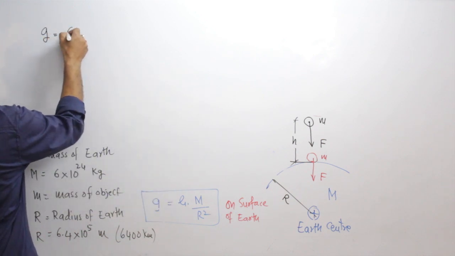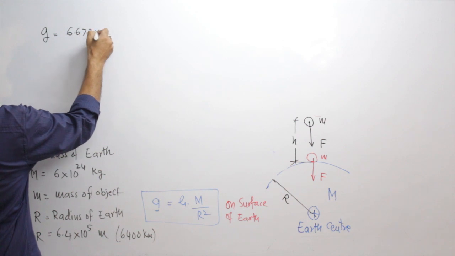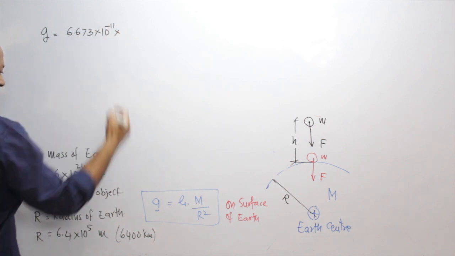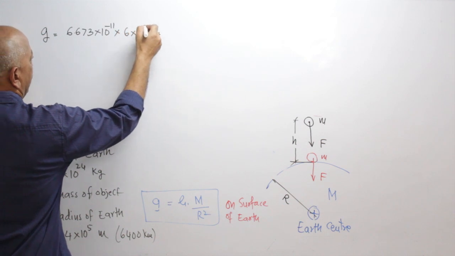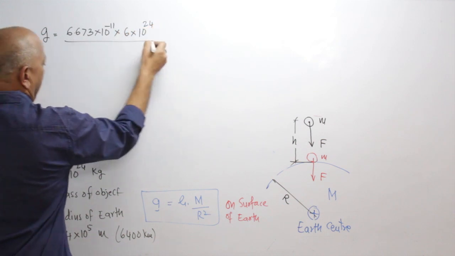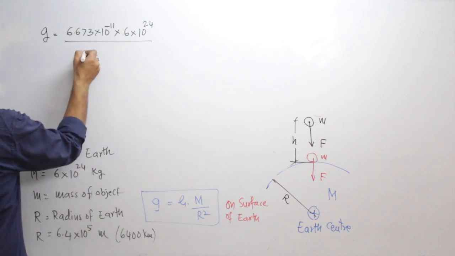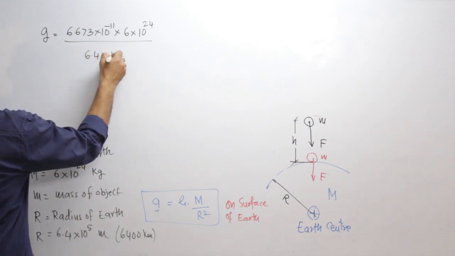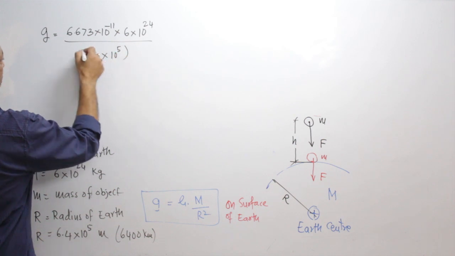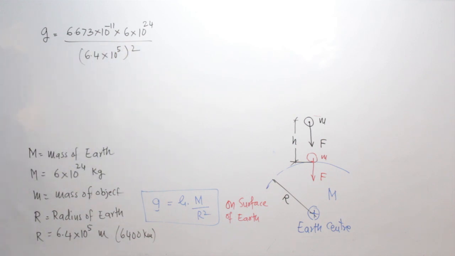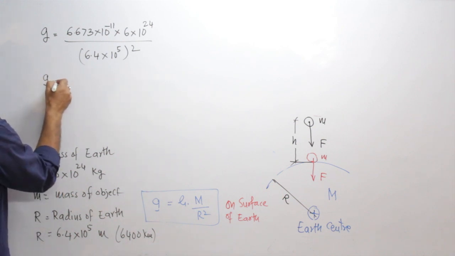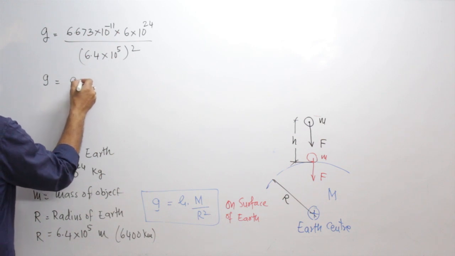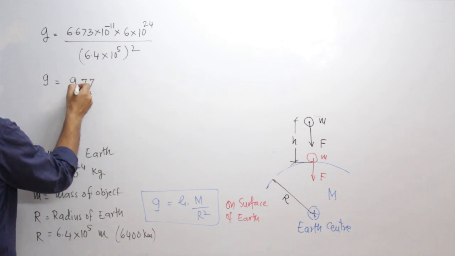This value of g is equal to 6.673 into 10 raised to minus 11 into the mass of Earth, that is 6 into 10 raised to 24, divided by R square, that is 6.4 into 10 raised to 5, whole bracket square. If you calculate this value, you will get g equal to 9.77.